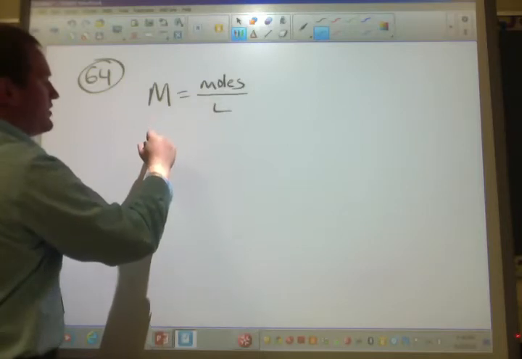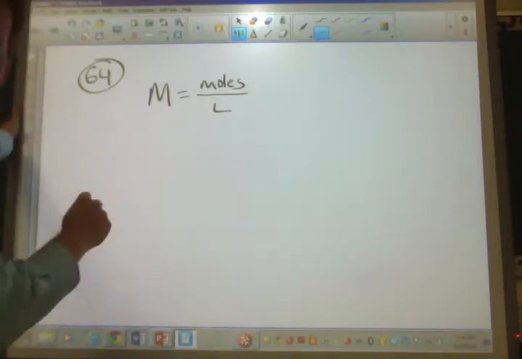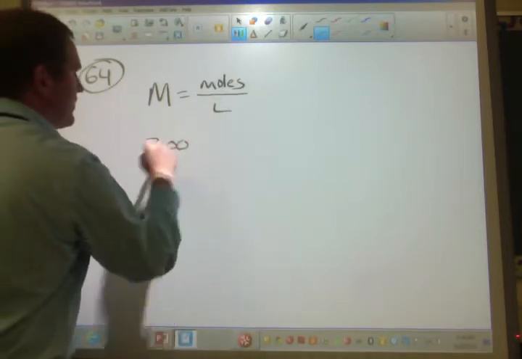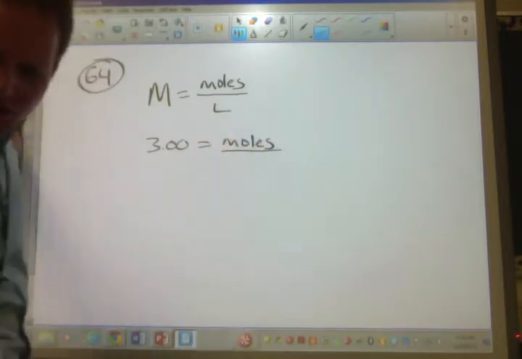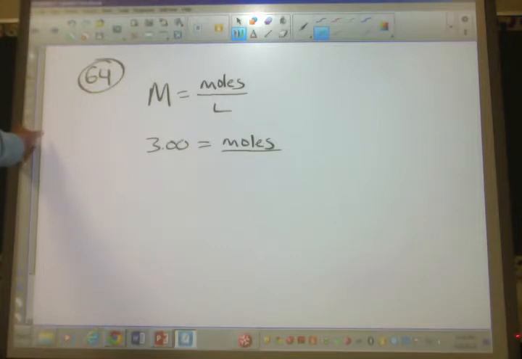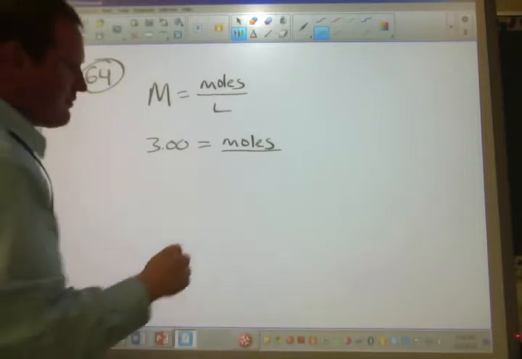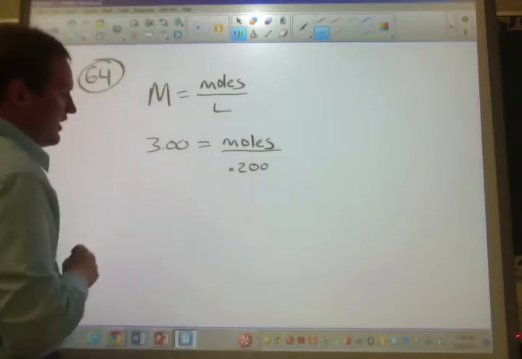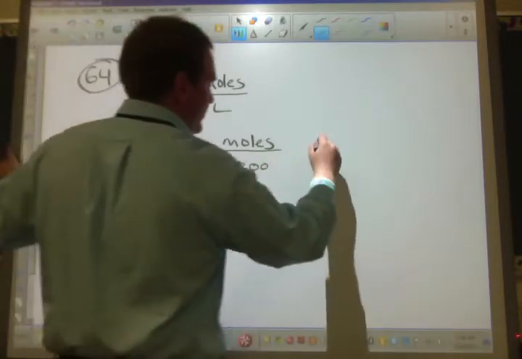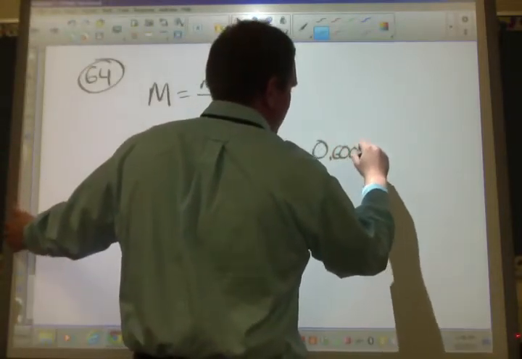So let's plug in what we need to know. It's a 3 molar solution, and that equals moles over how many liters? 200 milliliters, so that's 0.200 liters. Multiply these together, it's 0.600 moles.